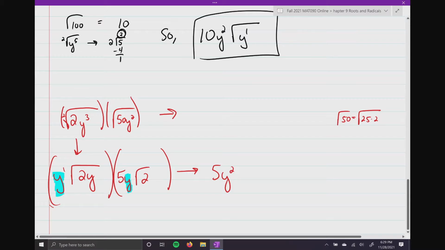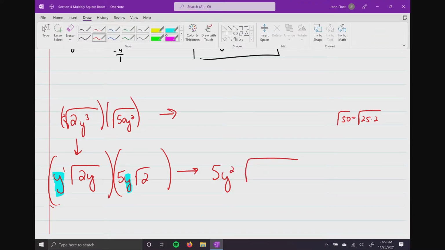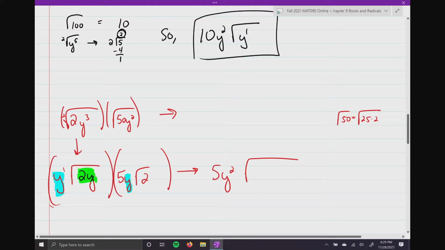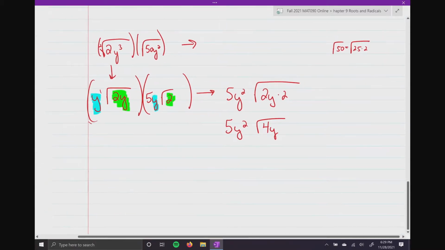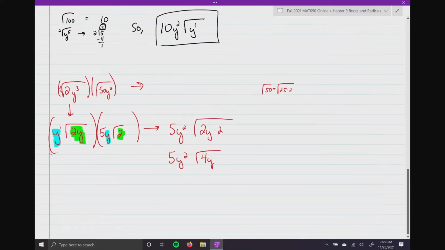And then underneath the radical symbol, I have 2y and a 2. So what I'm going to write is 2y times 2, which is the square root of 4y.